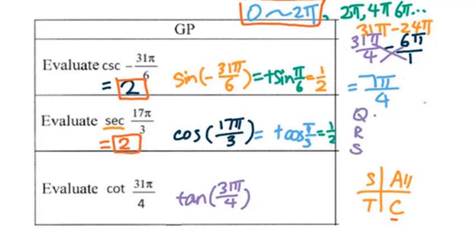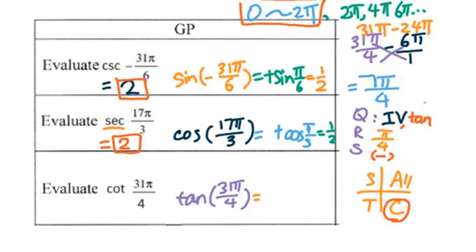So you will get QRS. The quadrant is the fourth quadrant, because that's the 2n minus 1 pi over n pattern. Then the reference angle is pi over 4. Look at the sign. We're looking for tangent in the fourth quadrant. That's negative, because only cosine is positive.